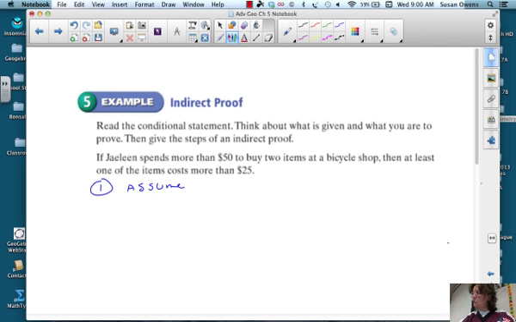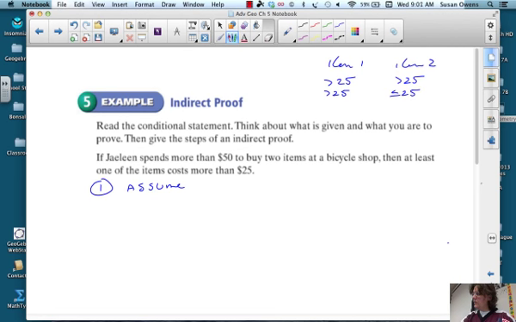At the top, I've got item 1 and item 2. I'm going to write all the possibilities. I could have one of them be greater than $25, and the other one could also be greater than 25. I could have one be greater than 25 and the other one be less than or equal to 25.